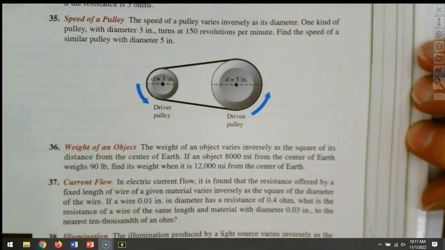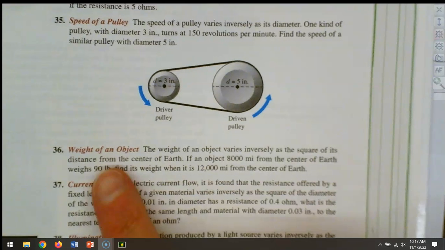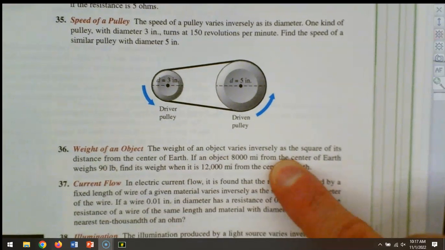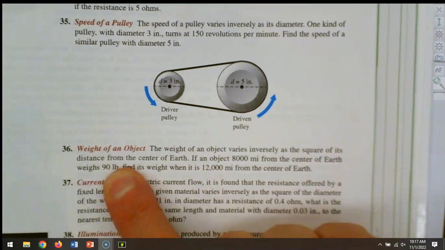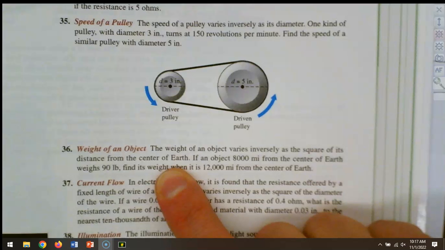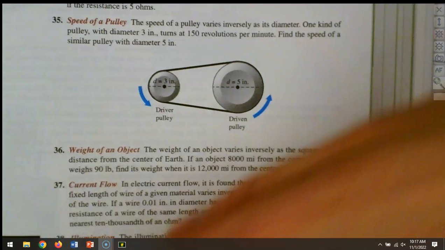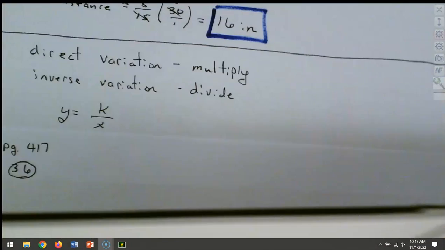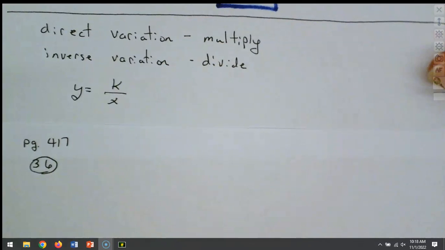Now, when I read this one, the key words I pick up on are either inverse or direct variation. So the weight of an object varies inversely as the square of its distance from the center of the earth. That means we divide. So what's our formula going to look like? It's going to look like this in a way.